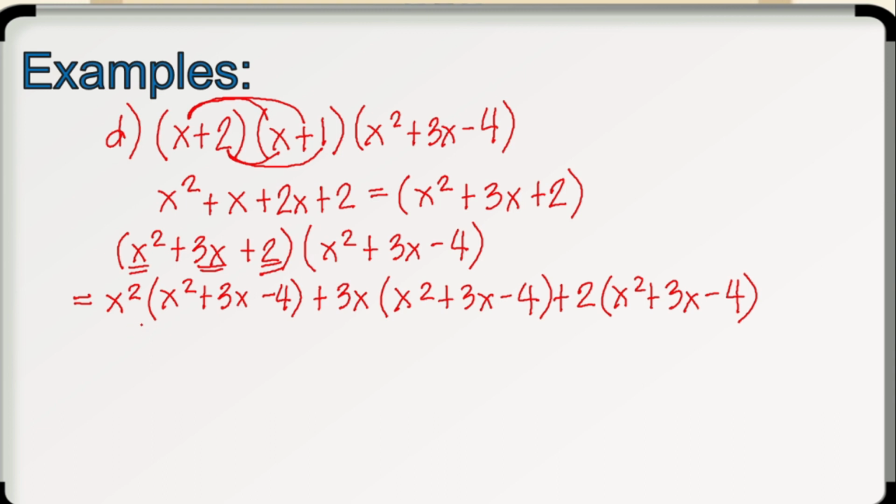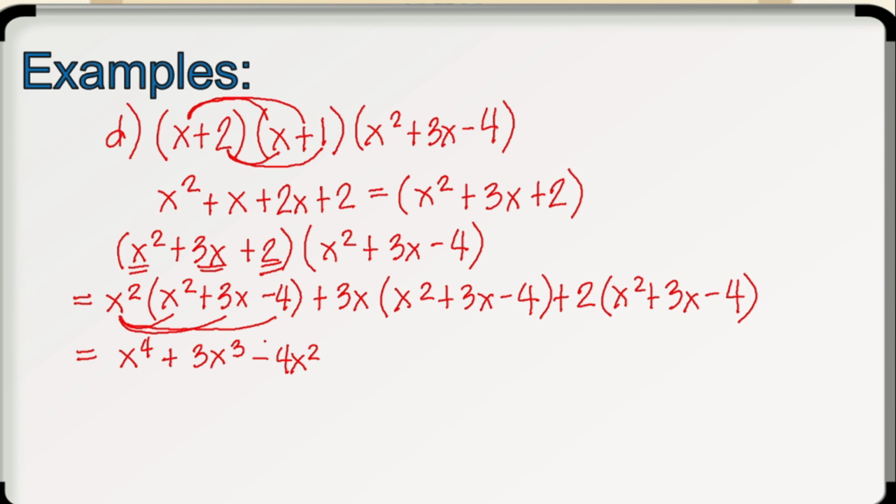Then, multiply x squared to each term of the second polynomial, which is x squared times x squared is x raised to 4. X squared times 3x is positive 3x cubed. x squared times negative 4 is negative 4x squared.